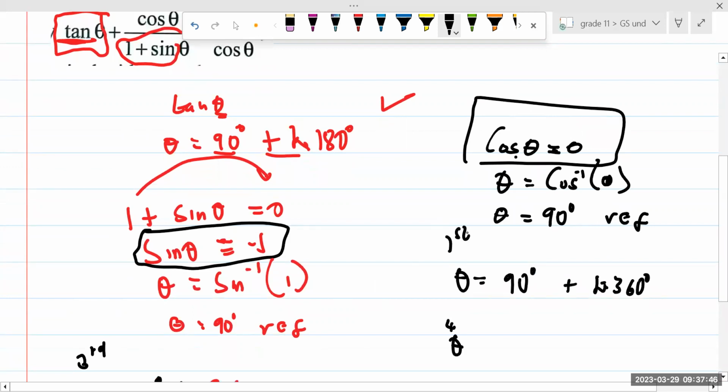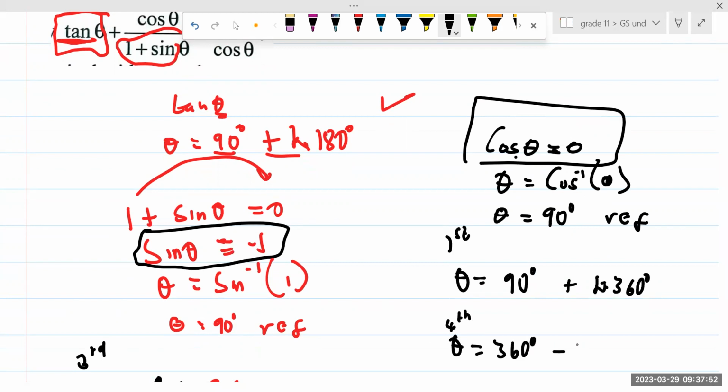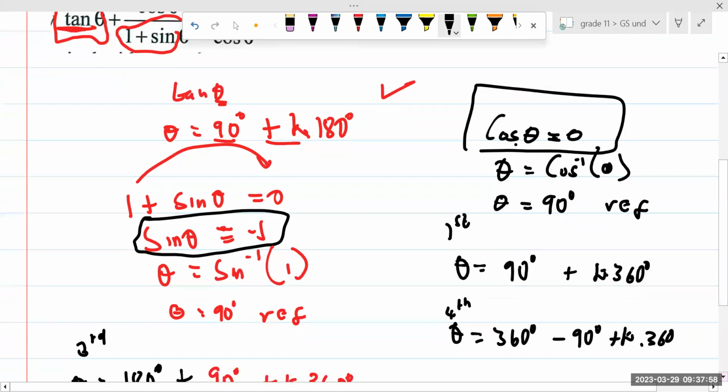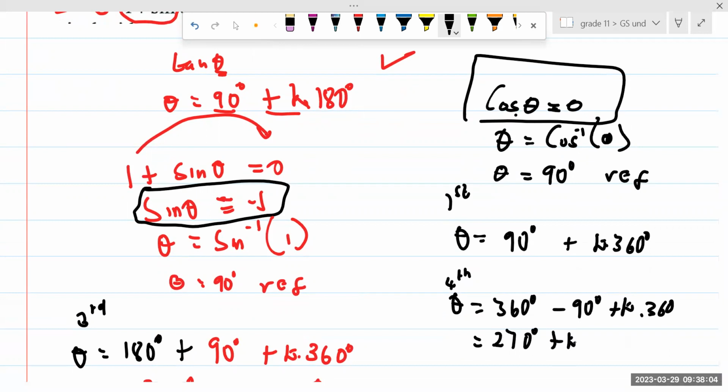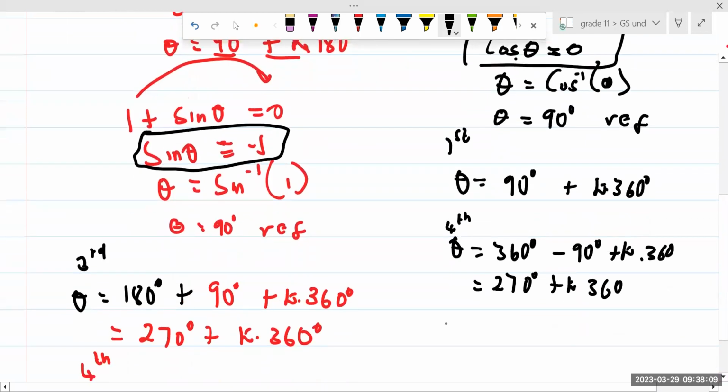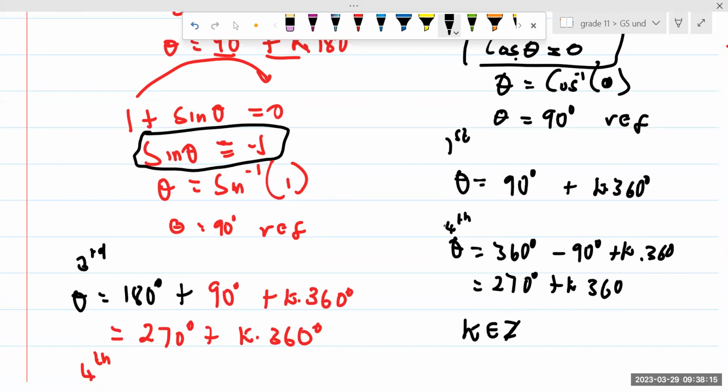So this is for the first quadrant. For the fourth quadrant, theta is going to be 360 minus 90 plus k multiplied by 360. And we shouldn't forget, k is an element of all the integers.